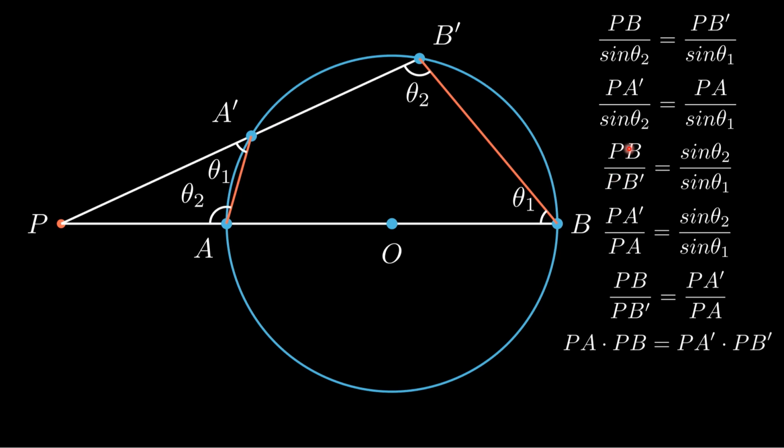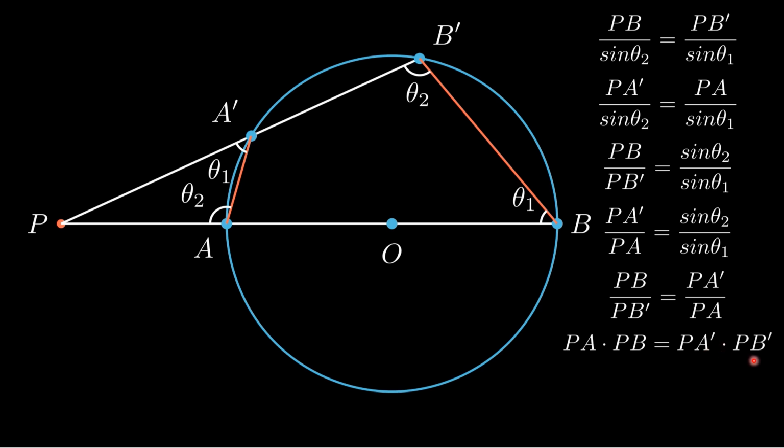And so rearranging, PB over PB prime is sine theta 2 over sine theta 1. PA prime over PA is sine theta 2 over sine theta 1. And so equating PB over PB prime to PA prime over PA means that the product of PA and PB is the same as the product of PA prime and PB prime.